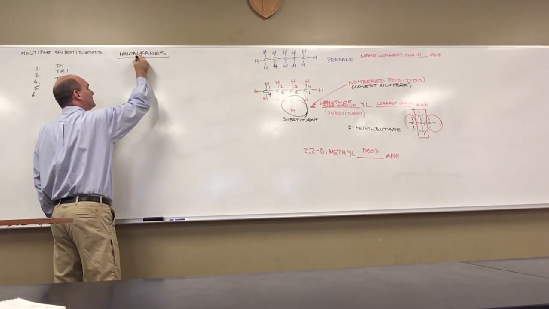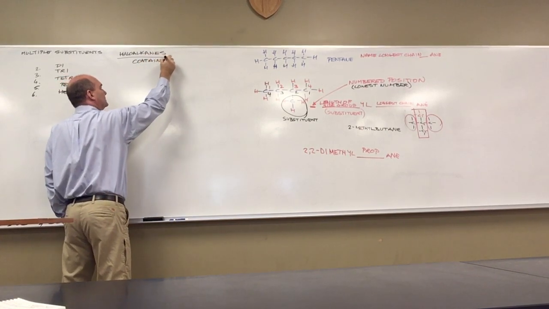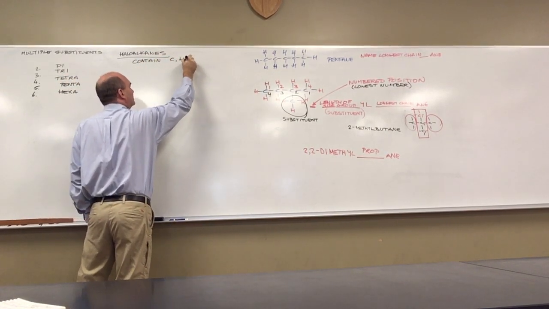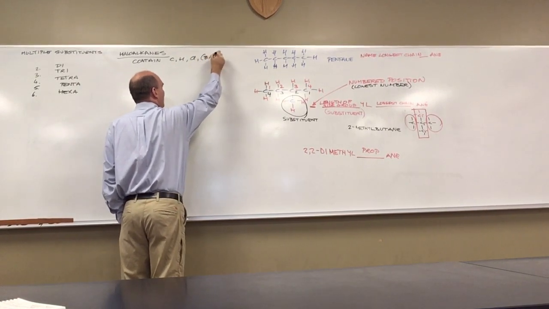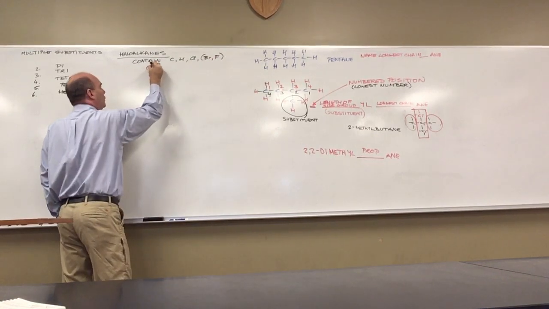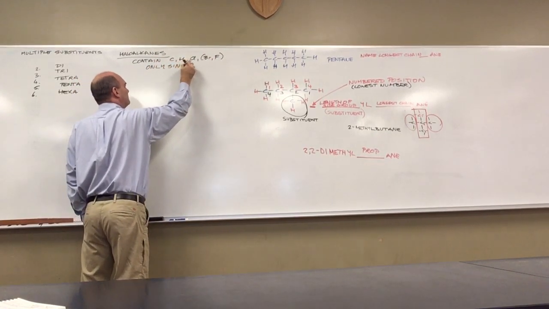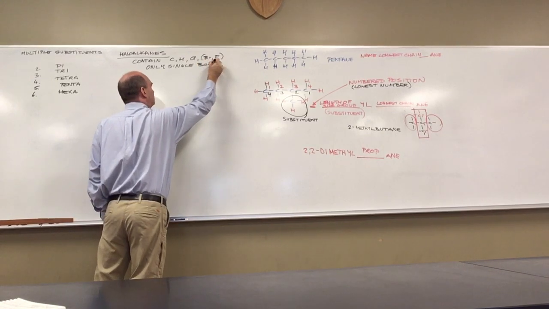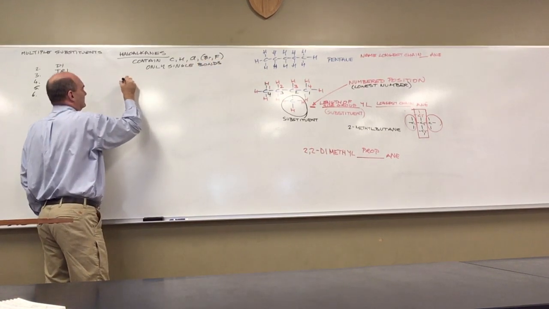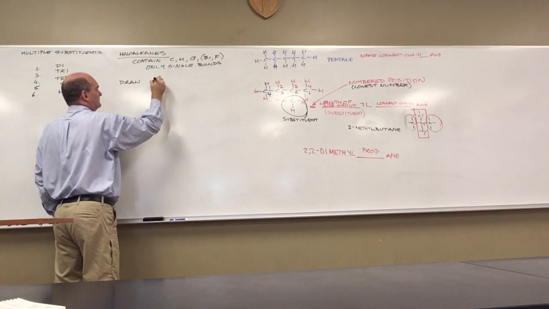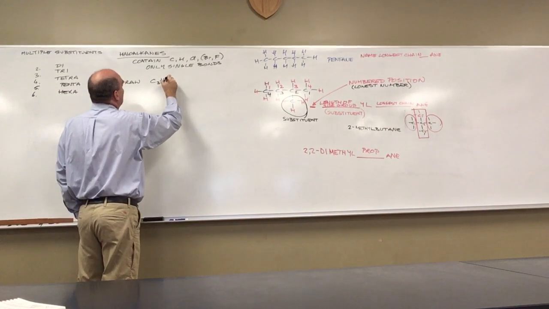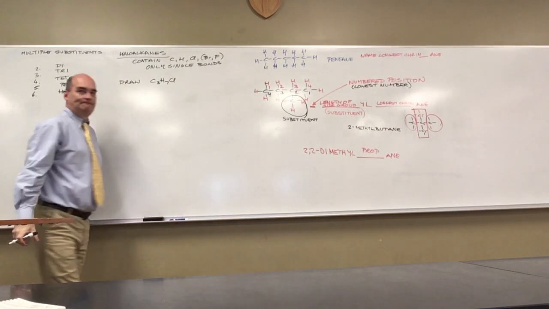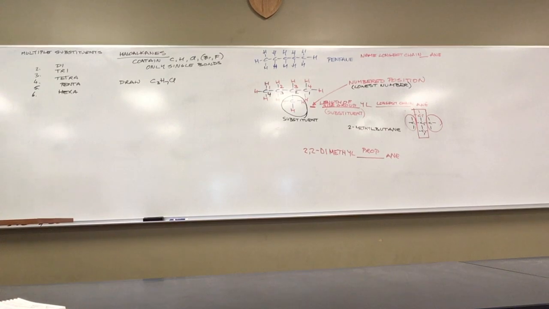Haloalkanes contain carbon, hydrogen, chlorine, it's usually chlorine, or bromine, or fluorine, and only single bonds. Draw and name C3H7Cl.